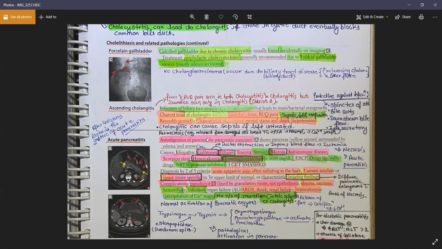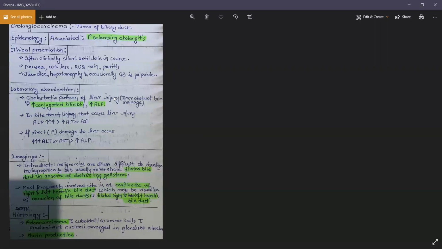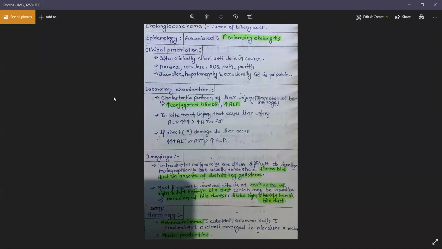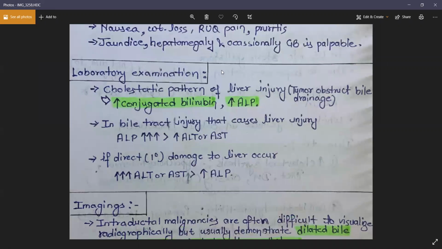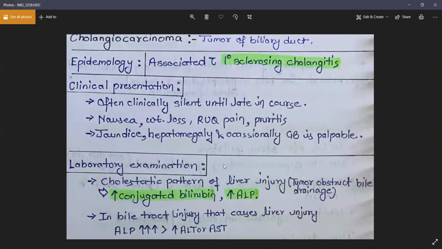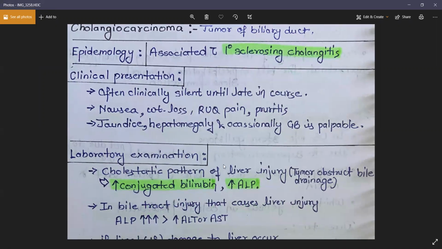Now the other thing, which is the cholangiocarcinoma. This carcinoma is the cancer of the bile tract or the biliary duct. The most common risk factor for this cholangiocarcinoma is primary sclerosing cholangitis.